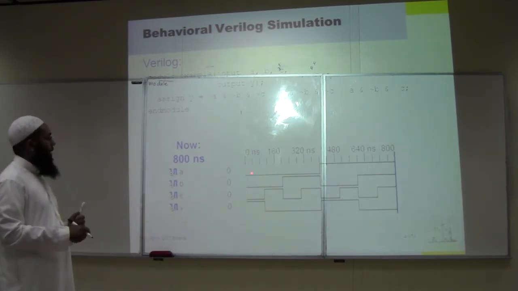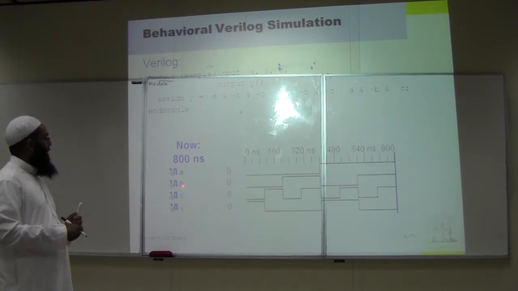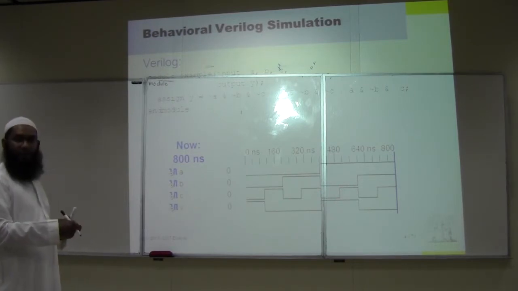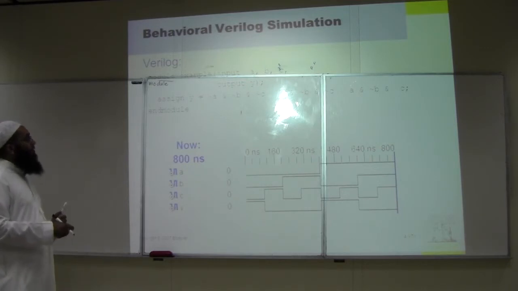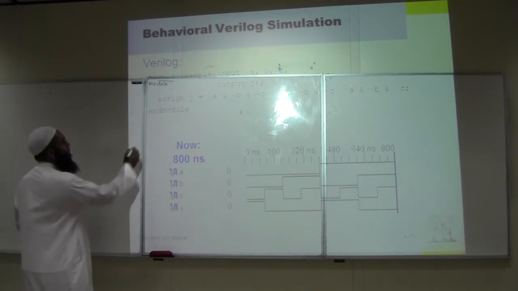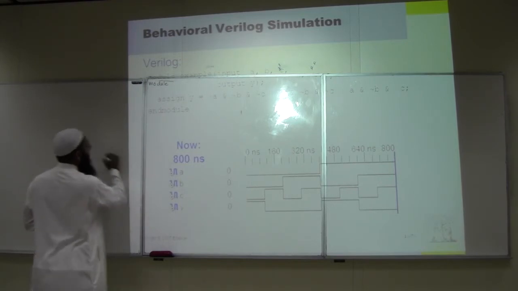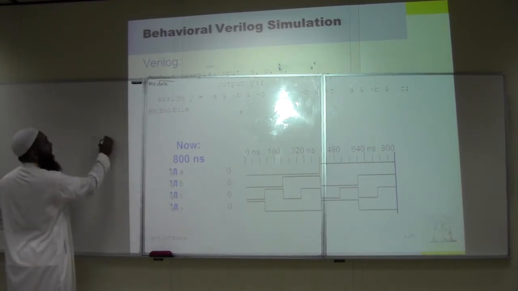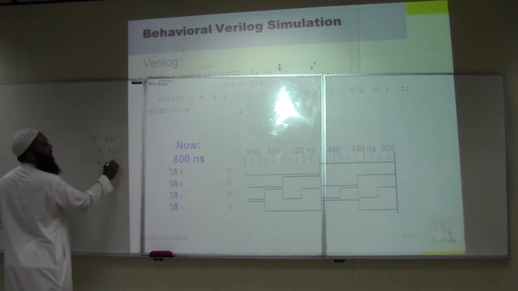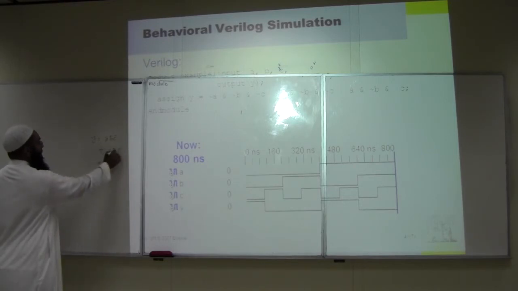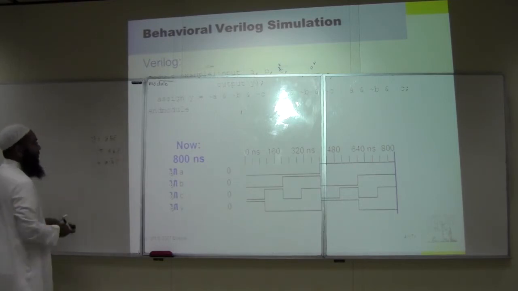Like you can generate the value for A, value for B, value for C, and the result Y in the timing diagram. Say here again Y is A bar, B bar, C bar, or A, B bar, C bar, or A, B bar, C.